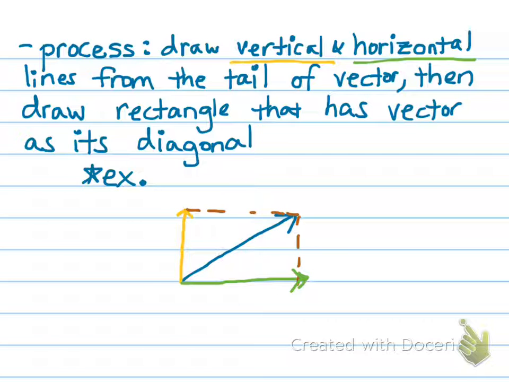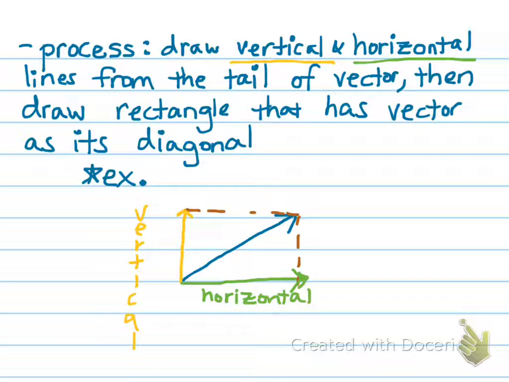So what I've done is this is my horizontal component of this vector, and this is my vertical component of my vector.